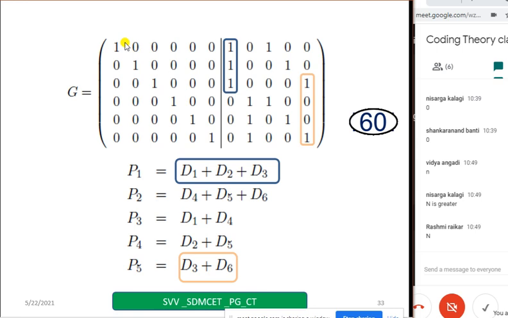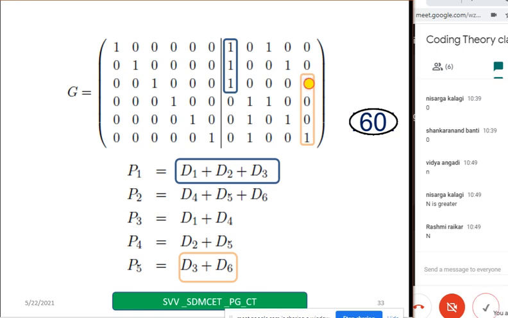I get the code data as it is: C equals, the beginning data as it is. Parity bits, how do I get? By mod 2 addition of D1, D2, D3. That only I'm writing. Similarly, for the second one, I think I have D3, D4, D5, D6. That is written. Similarly, the last one I have mentioned.